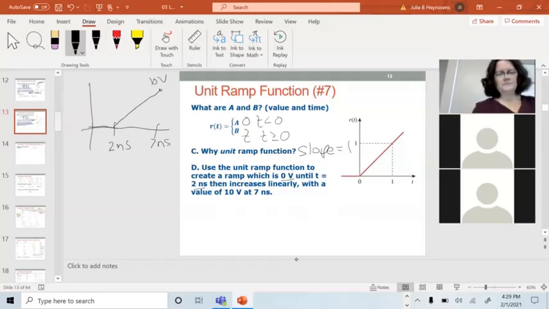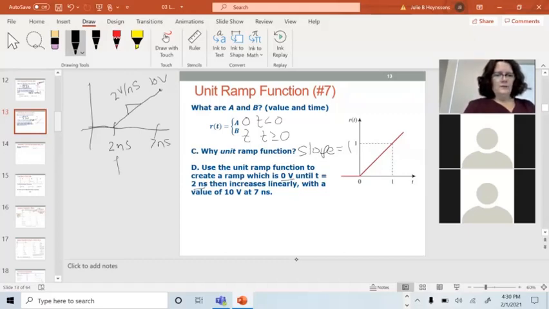So there we go. The slope of that line is, it takes 5 nanoseconds to go up 10 volts, so it is 2 volts per nanosecond. Okay, so that's the slope.